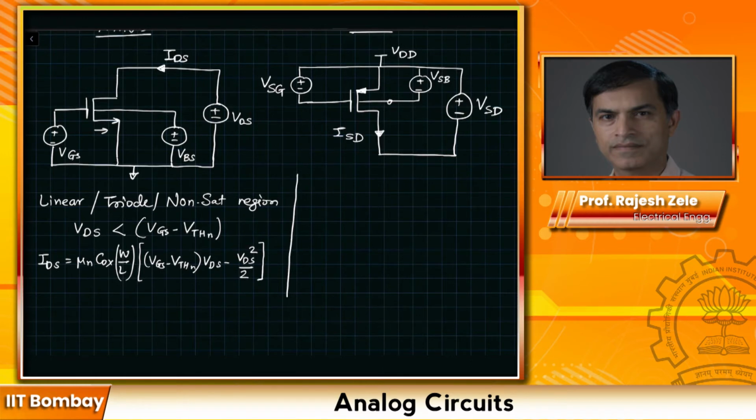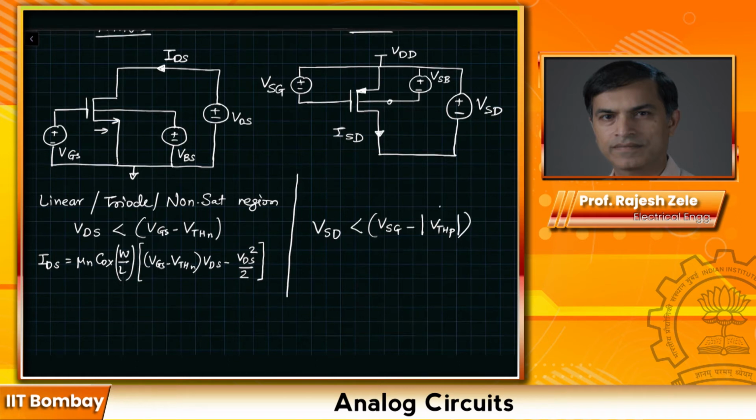Now we will do the same thing for PMOS. As I told you before, we will simply change the suffix. We will flip the order of the nodes. So we will do VSD should be less than VSG minus mod of VTHP.